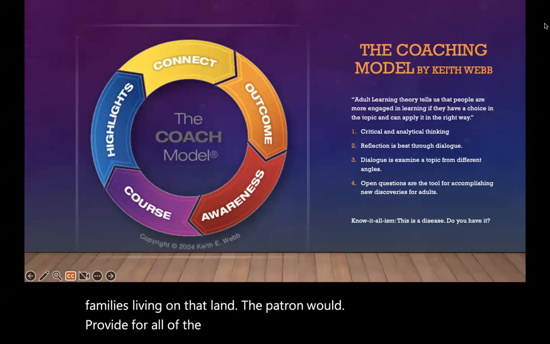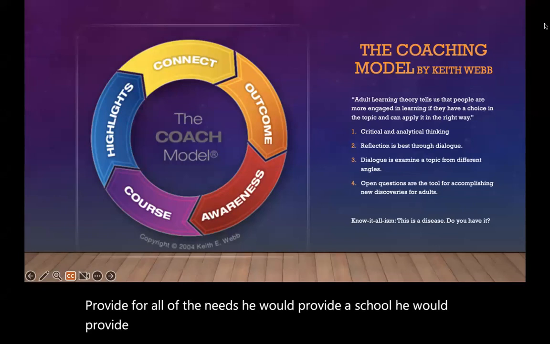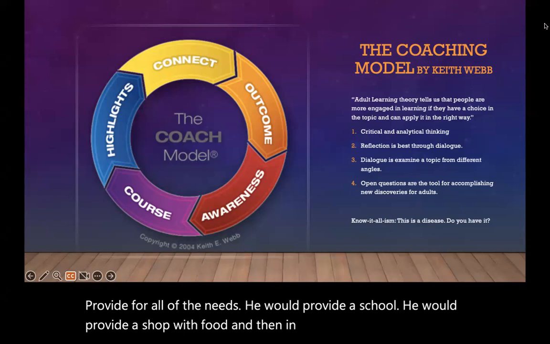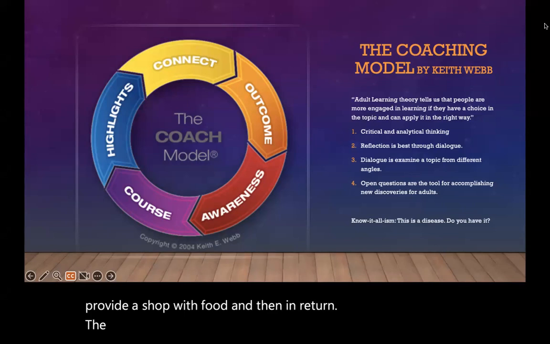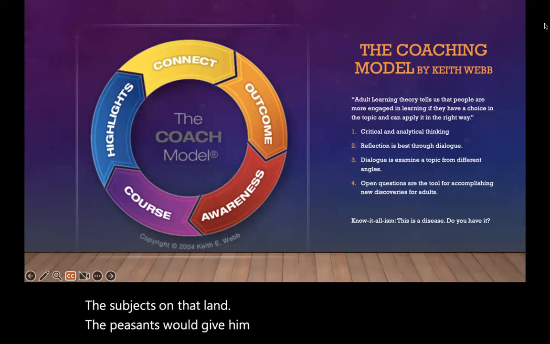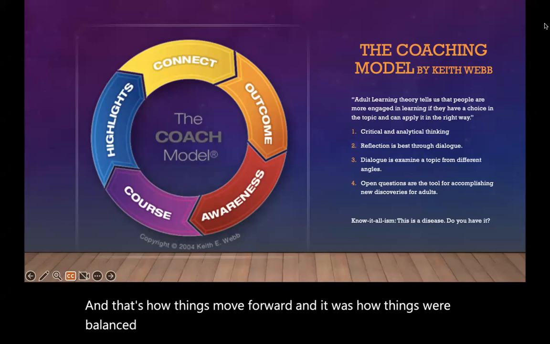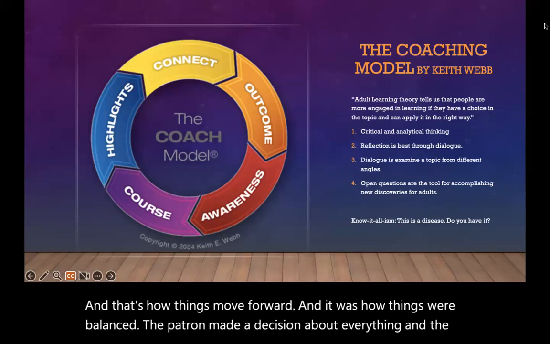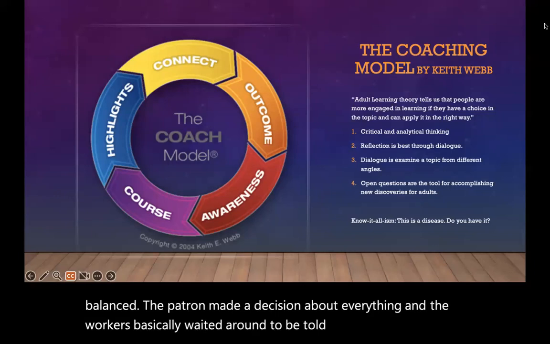He would provide a school, he'd provide a shop with food, and then in return, the subjects on that land, the peasants, would give him honor and work. And that's how things moved forward, and how things were balanced. The patron made a decision about everything, and the workers basically waited around to be told what to do.